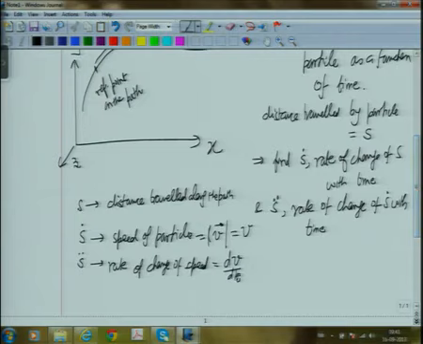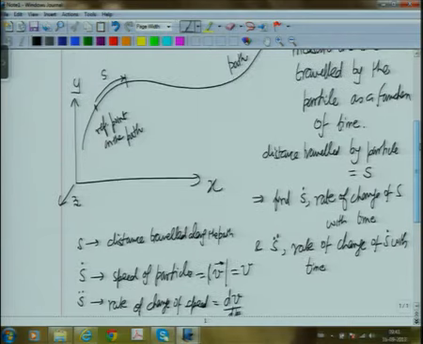and this will be nothing but dv by dt. So, now if we go back to our basic picture and we have some coordinate system, the particle, now what we are saying is we are measuring s as a function of time.